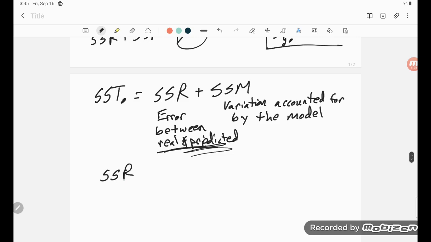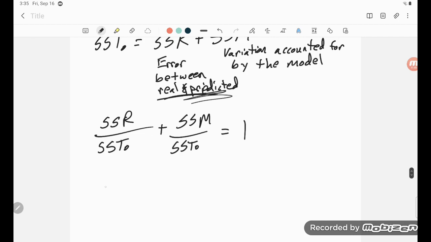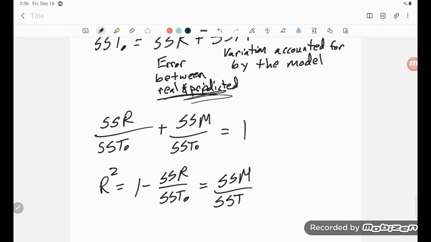And so if we take sum of squares residual divided by sum of squares total plus sum of squares model over sum of squares total, we get 1. And then the r squared is defined by, or can be defined by, 1 minus the sum of squares residual over the sum of squares total, which is then the sum of squares model over the sum of squares total.